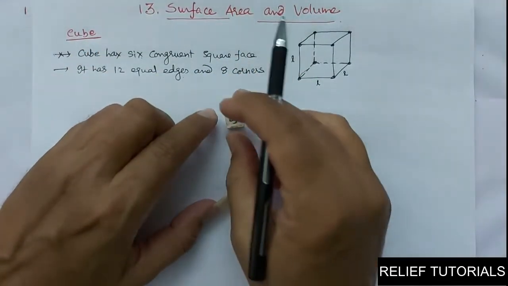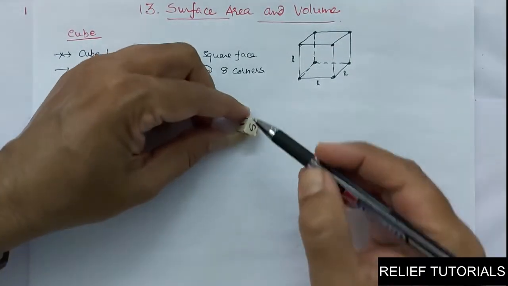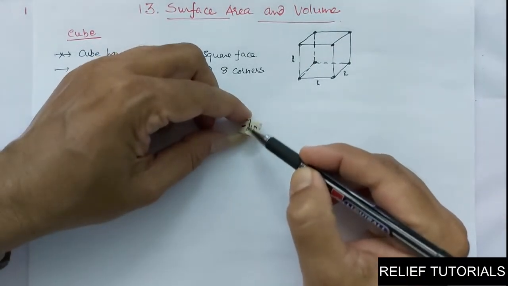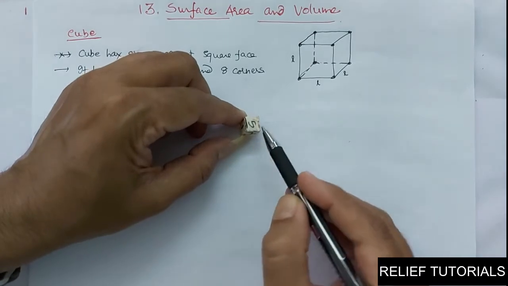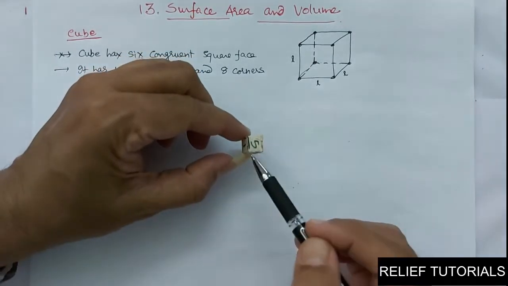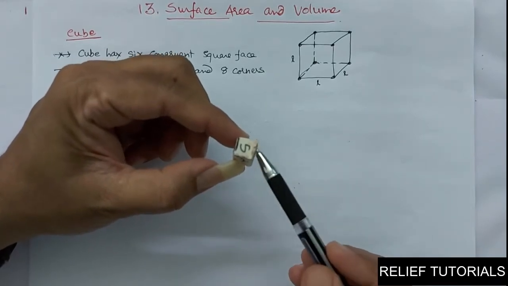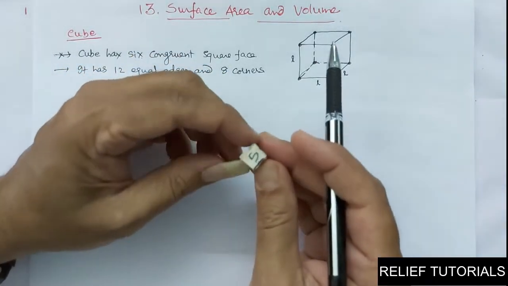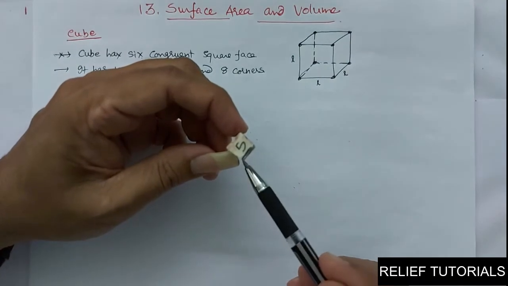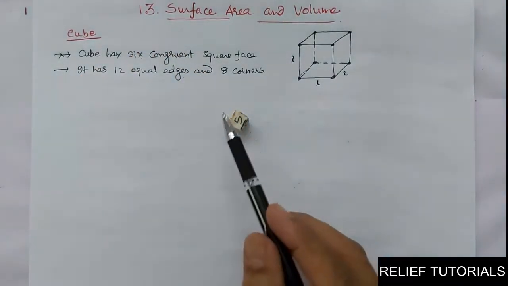This is about the cube. These are the edges. 1, 2, 3, 4. Here 4 edges, bottom also 4 edges, 4, 4, 8. This is 9, this is 10, this is 11, this is 12. So it has 12 edges and 8 corners.